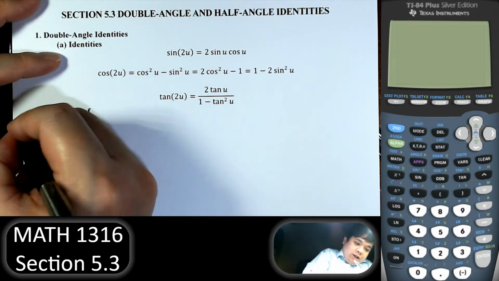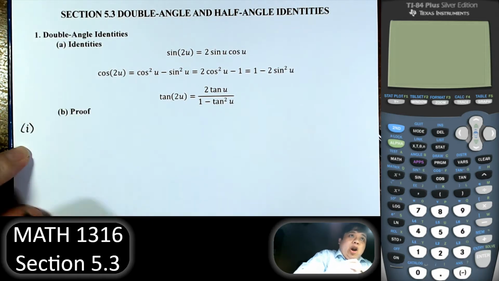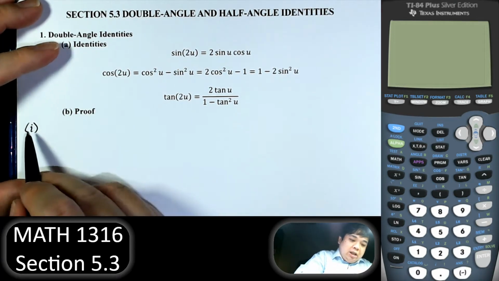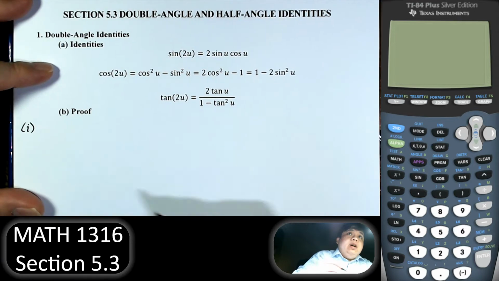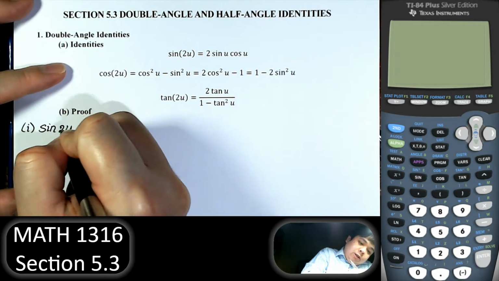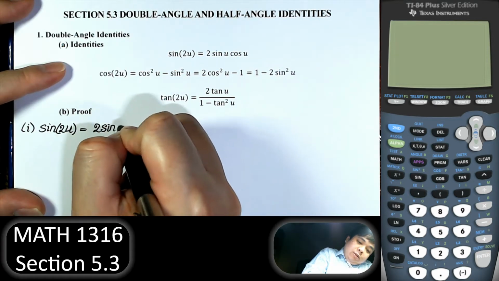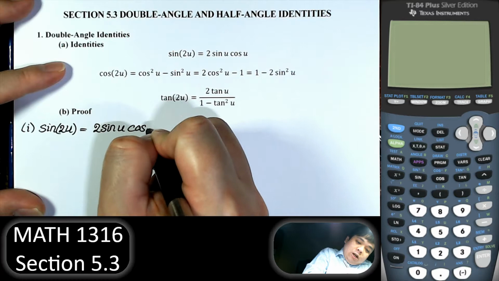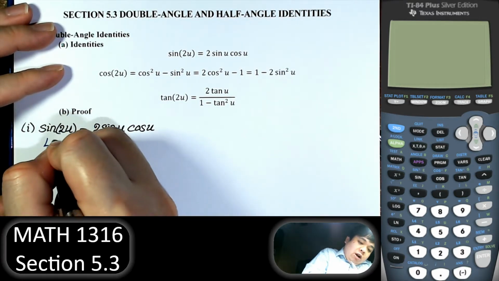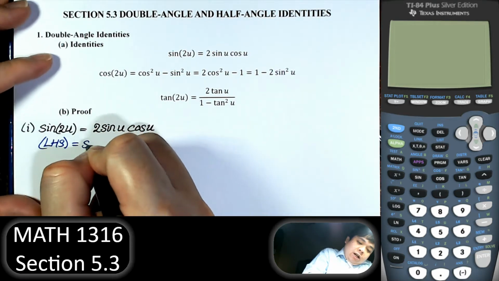So the first one, I write that as the lowercase Roman numeral i. Sine of 2u is 2 times sine of u cosine of u. Right, this will be straightforward. I start from the left hand side, sine of 2u.